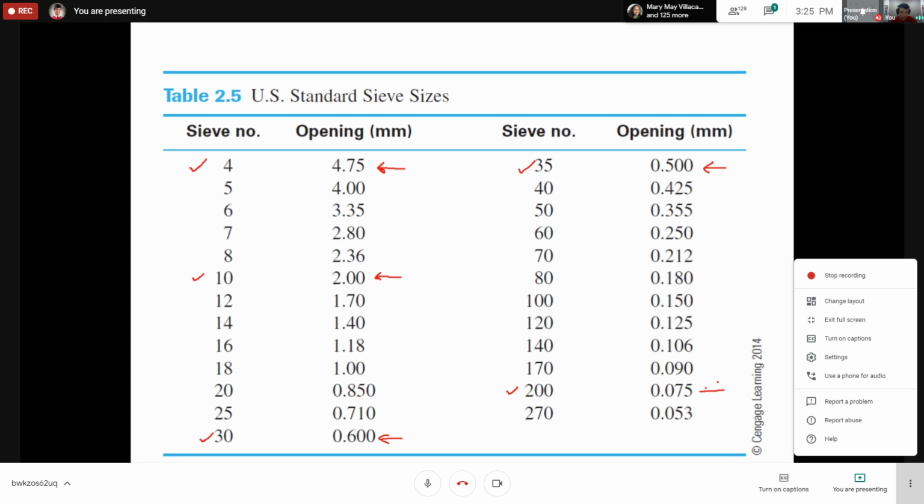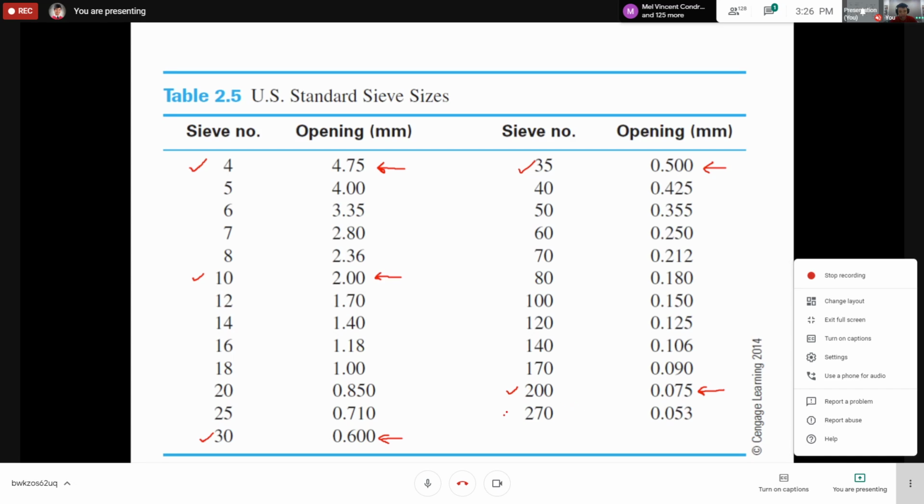If you look at this one, it's lesser than 0.075. According to USCS, what passes through this particular opening is considered your fine particles.